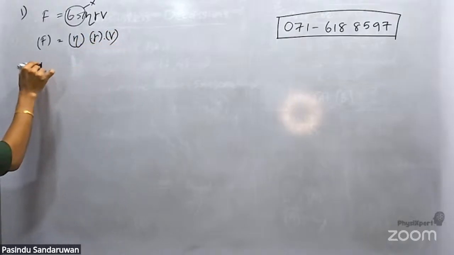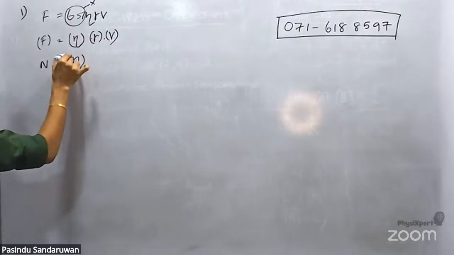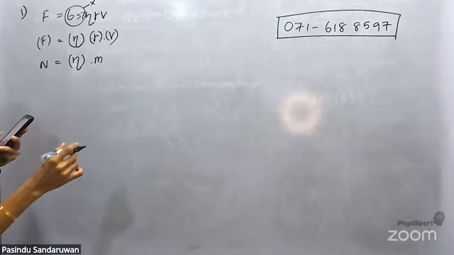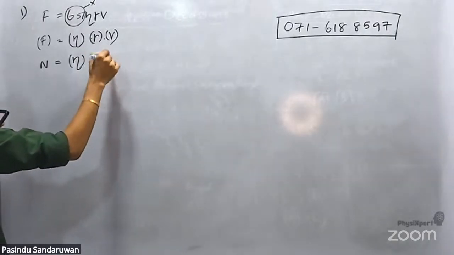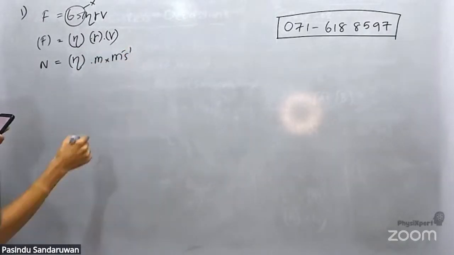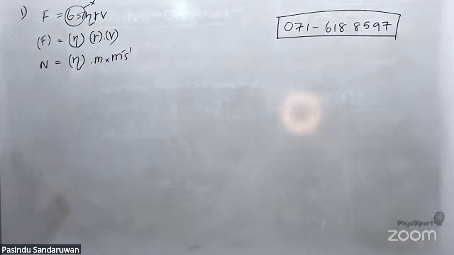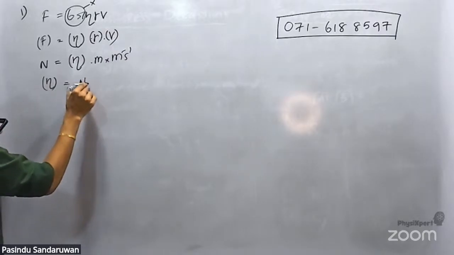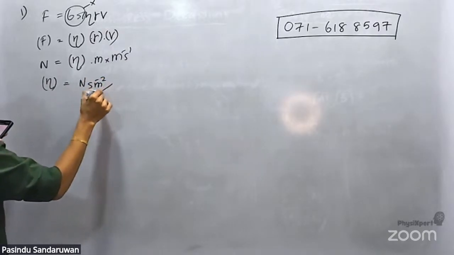Units of force is newtons. Radius is a length, in meters. And v is a velocity, in m s minus 1. Simplify this, so units of eta will be N s m minus 2.